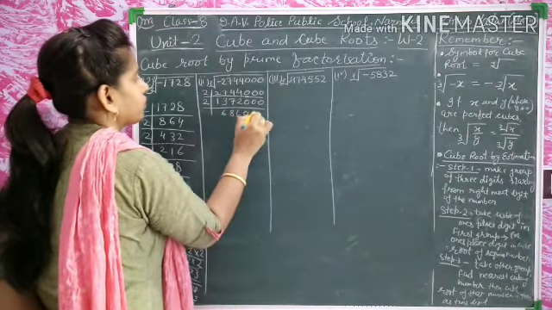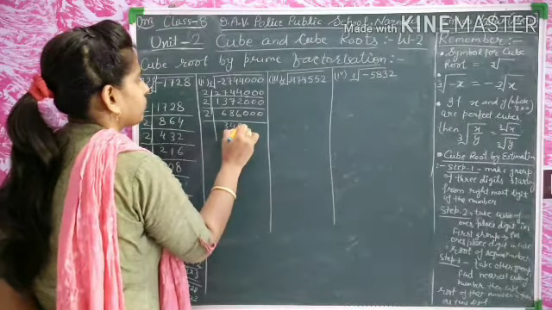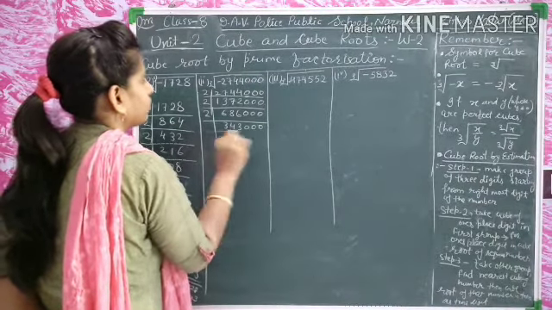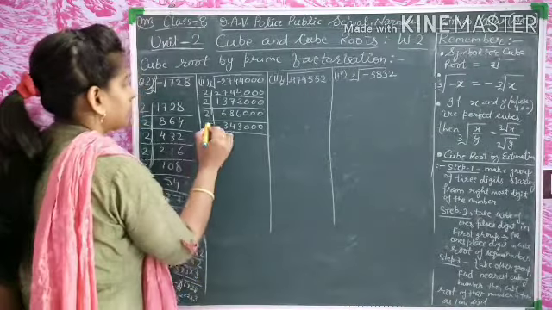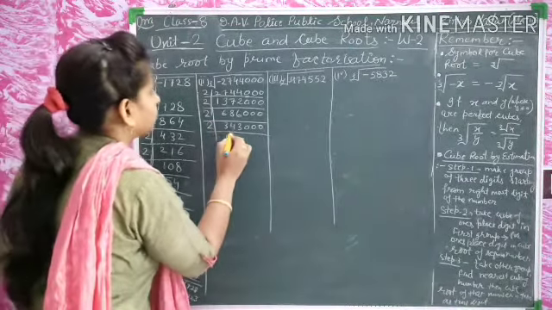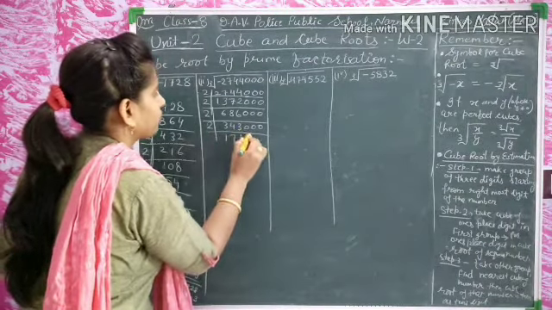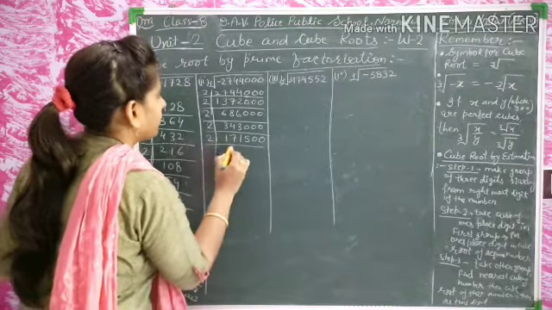Again 2 3s are 6, 2 4s are 8, 2 3s are 6. Now this is divided by 7. 2 1s are 2, 2 7s are 14, 2 1s are 2, 2 5s are 10. Now again 2 8s are 16.